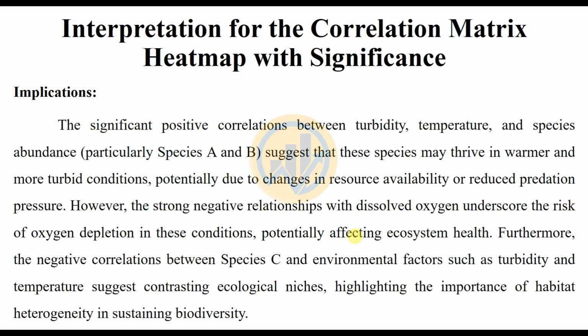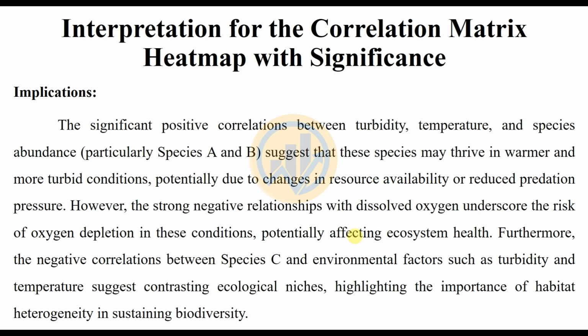Implications. The significant positive correlations between turbidity, temperature and species abundances, particularly species A and B, suggest that those species may thrive in warm and more turbid conditions, potentially due to changes in resource availability or reduced predation pressure.